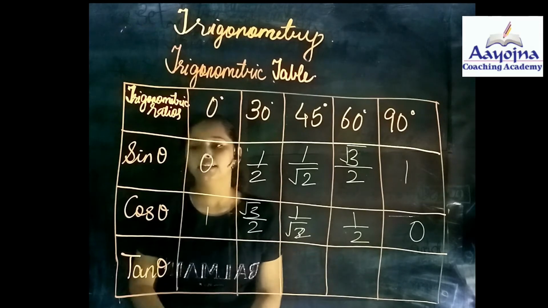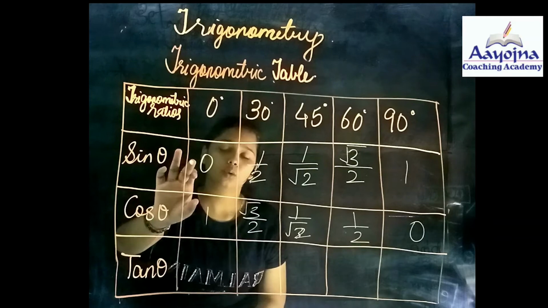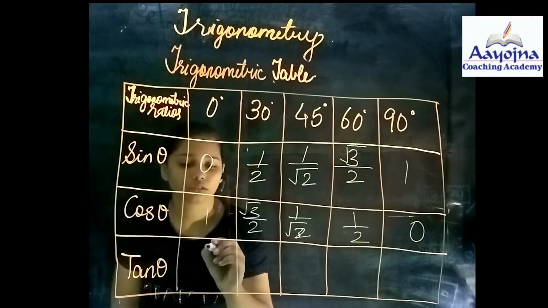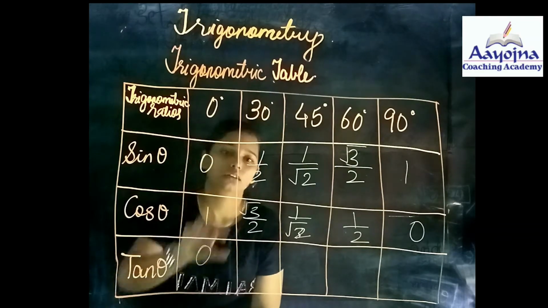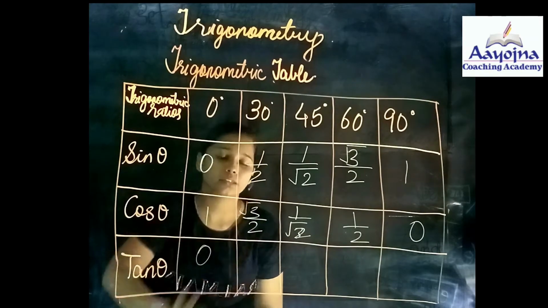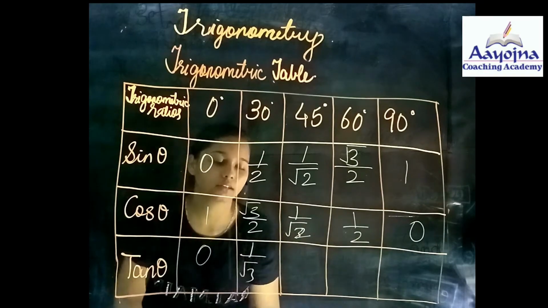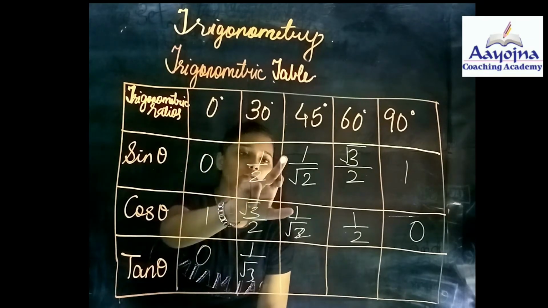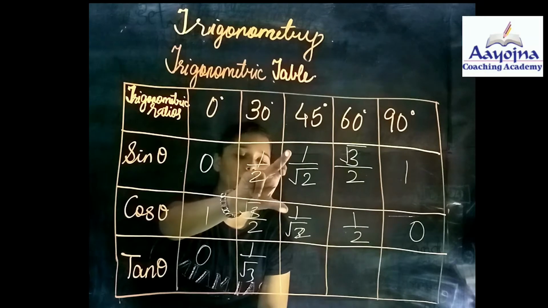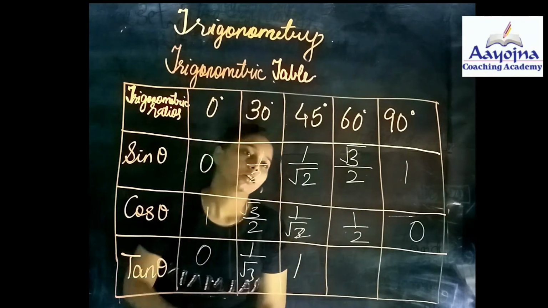Now tan theta is sin theta upon cos theta. So 0 upon 1 is 0. 1 upon 2 upon root 3 upon 2, the 2 gets cancelled, so it becomes 1 upon root 3. Then 1 upon root 2 upon 1 upon root 2 is 1.